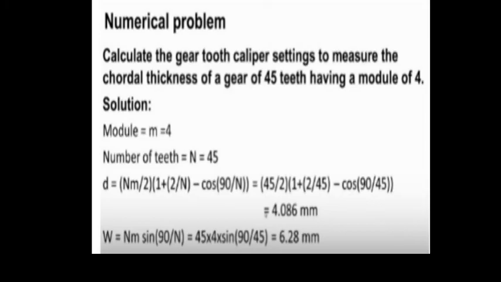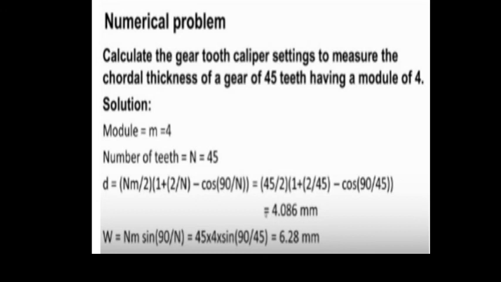An example numerical problem: calculate the gear tooth vernier caliper settings to measure the chordal thickness of a gear having 45 teeth and a module of 4. The data given is module m equal to 4, and the number of teeth capital N equal to 45, and we have to calculate the gear tooth vernier caliper setting, that means the depth.